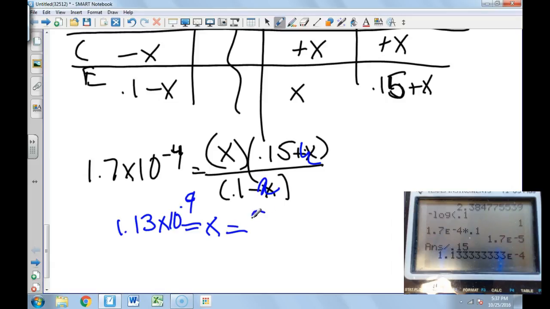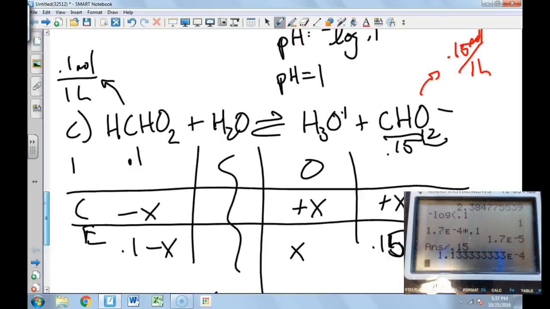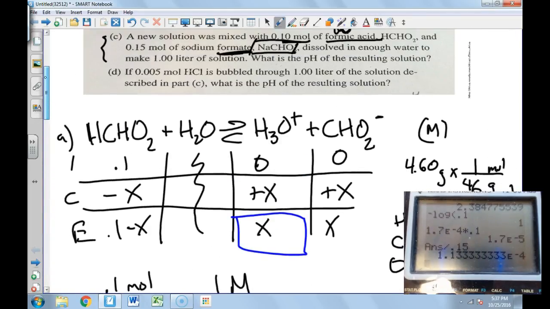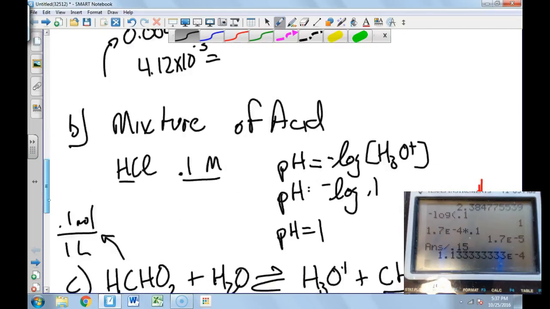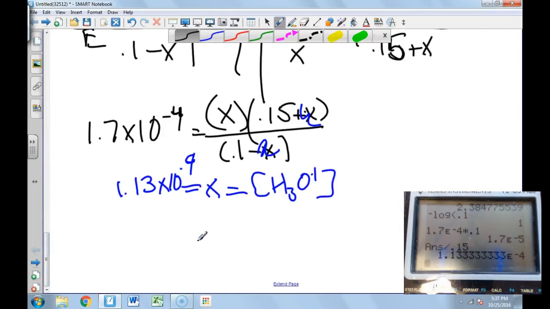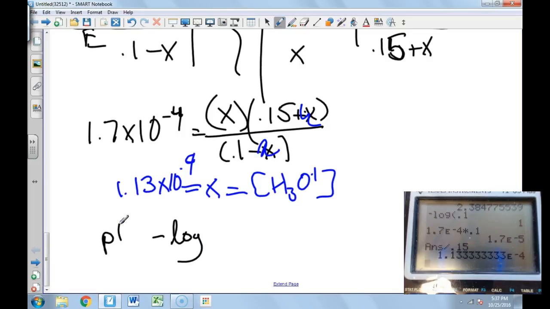And that is equal to the concentration of the hydronium ion. But I think the question asks for the pH. So the pH, then, we have to take the negative log of this solution. So pH equals negative log of H3O+.